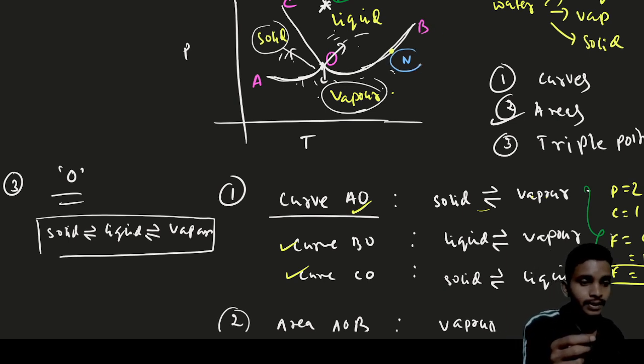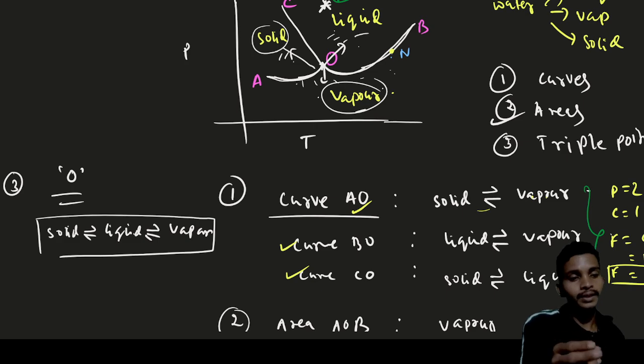To explain this point N, we need one variable, because the point is already on the curve.